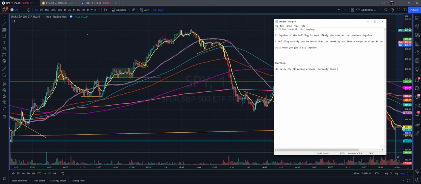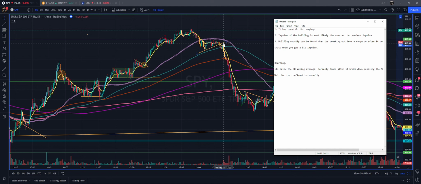Normally found after it broke down, crossing the 50 EMA. After it breaks down, wait until it comes back up right below the 50 moving average, and then wait for the confirmation.